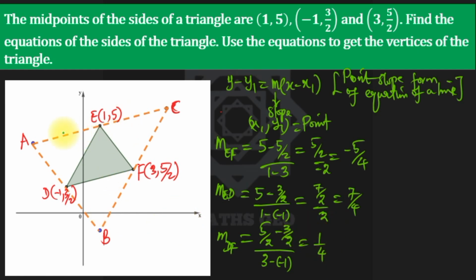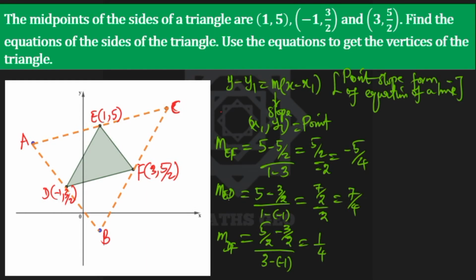So let's now relate it to the slopes of the sides of the triangle. We use what we call the mid-segment theorem, because you'll be wondering how we can get the slopes of AC, BC, and AB.